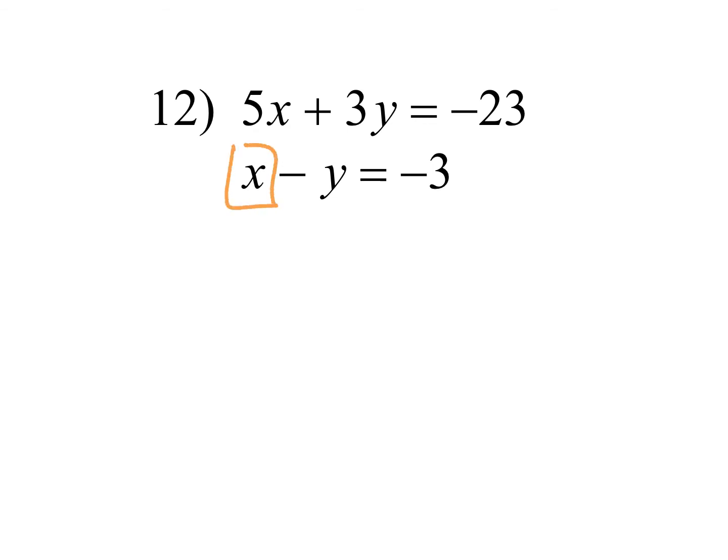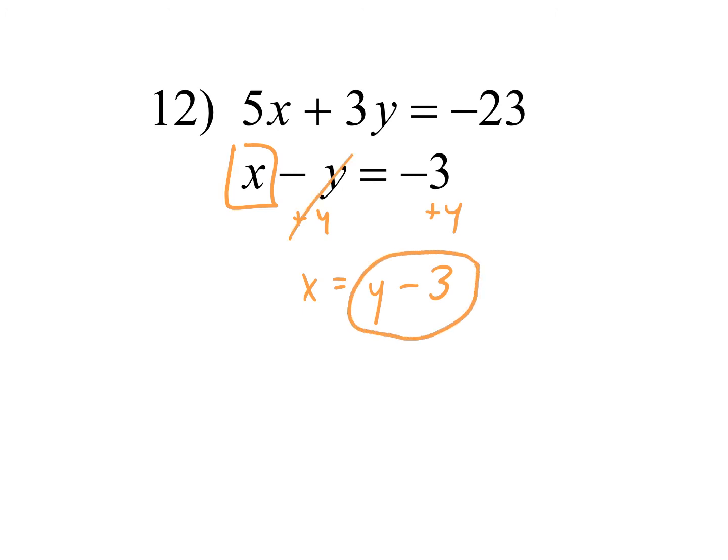It'll be the easiest to get all by itself. How can I move the y to the other side? Add y. So x is equal to y minus 3. It doesn't matter the order that you write it in. You could say negative 3 plus y. That works too. So I have x is equal to this.